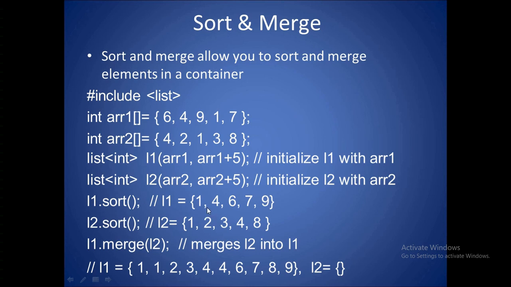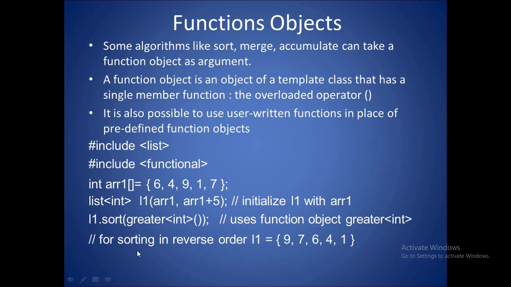So two lists are sorted. First 1 4 6 7 9, second 1 2 3 4 8 from this array, then L1.merge(L2). Then these sorted lists are merged with the help of the merge algorithm. So simply with the sort keyword we are using the sort algorithm, and with the merge keyword and brackets we are using the merge algorithm.